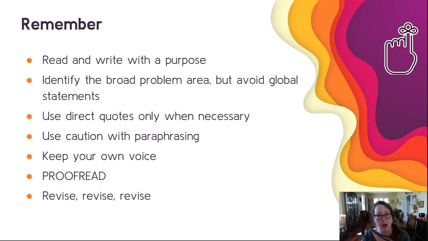Like the way that an author has phrased it is particularly perfect, that they are articulating something that you can't articulate on your own. Just be careful though, because students often use lots and lots of direct quotes and it's not necessary. You want this to be your paper, to be your voice, and other scholars are supporting the ideas that you are developing based on their previous research.